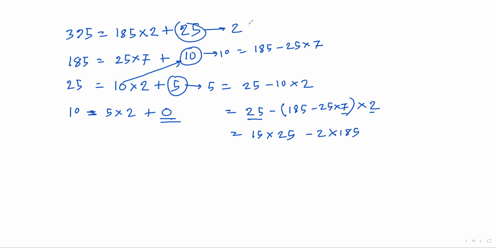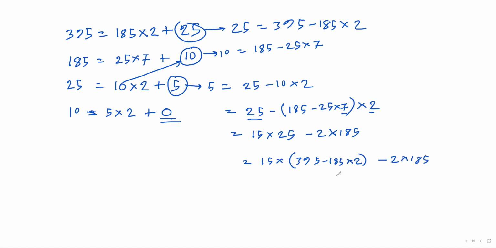Now make use of this 25, which is just 395 minus 185 times 2. So 15 times, replace this 25 by 395 minus 185 times 2, and 2 times 185 here. So we have just 15 395s, and 15 times minus 2 is minus 30. We have minus 2 more 185s. So minus 32 185s.